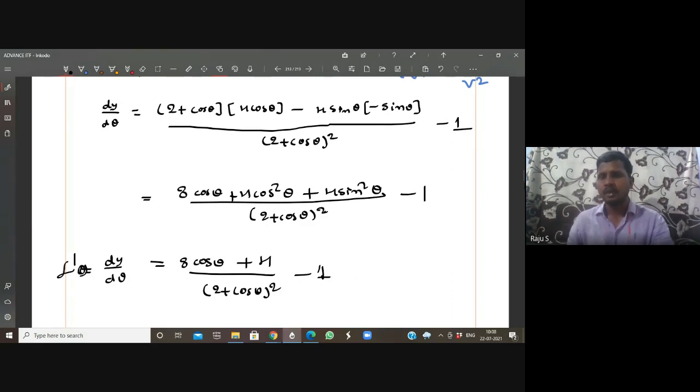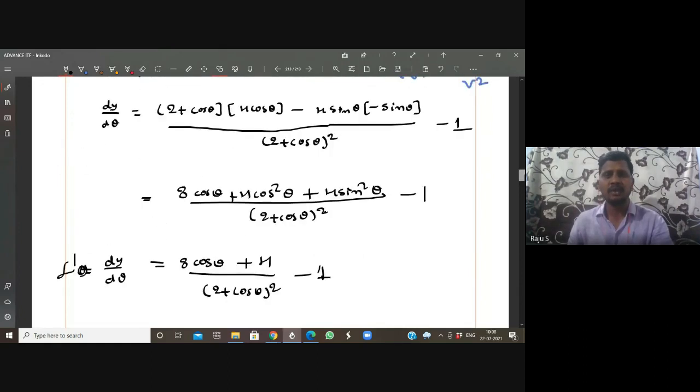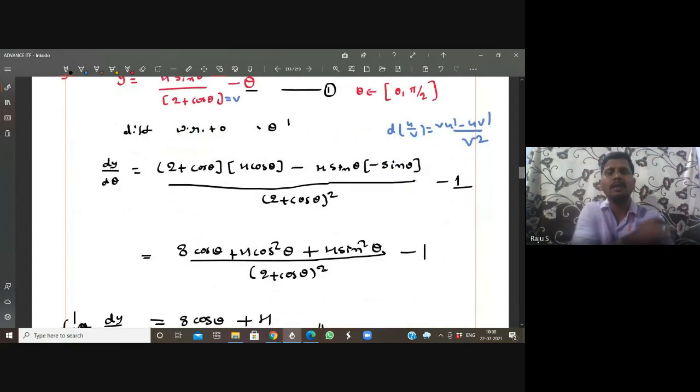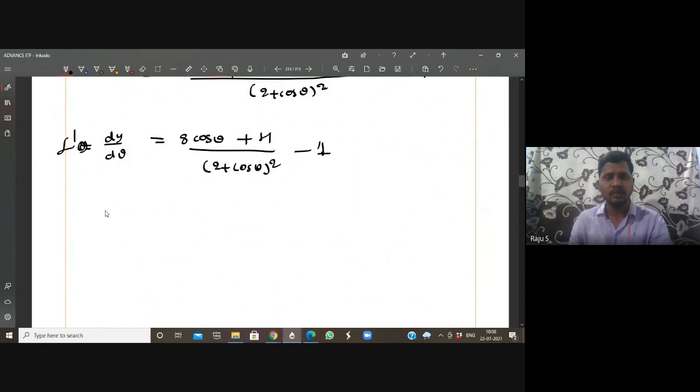Okay. So this dy by d theta we have to equate to 0. So what is the first step? We have to calculate the first derivative, nothing but differentiate once. After differentiating, we have to equate to 0. Now f dash of theta, that is dy by d theta, we equate to 0.